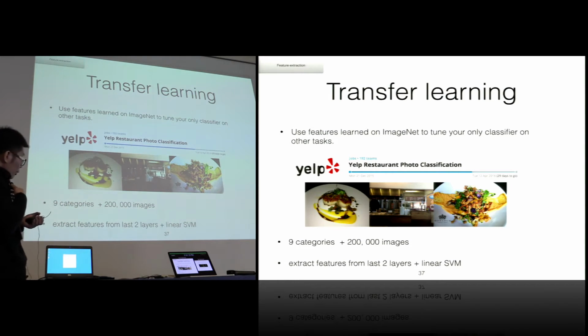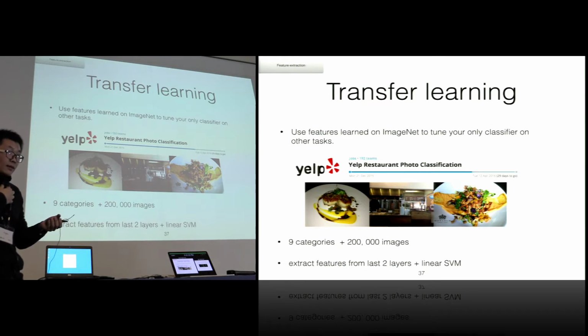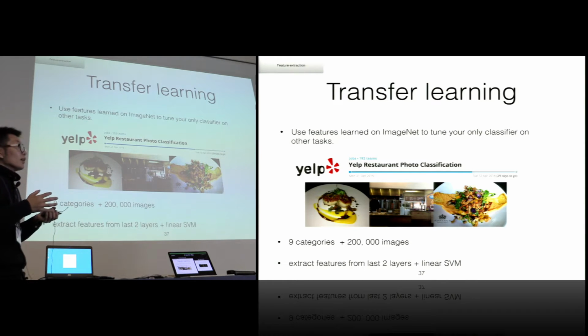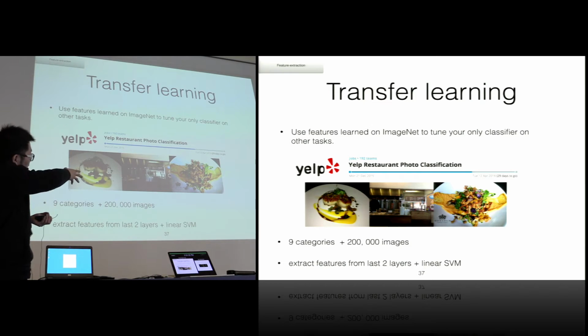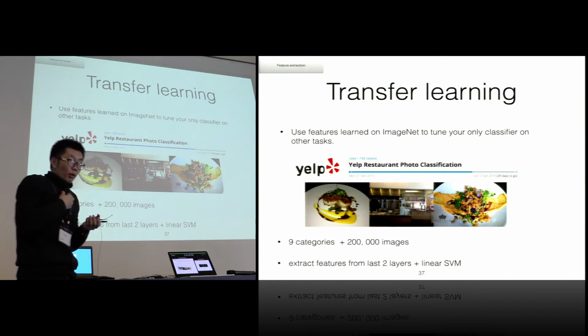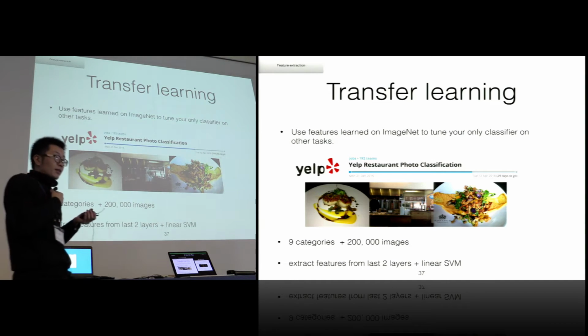What we did is we didn't train any neural network. We just used the model people trained on ImageNet, took the features learned from the last 2 layers, and tuned this model on our task. The performance was very promising, with about 80% F1 score.